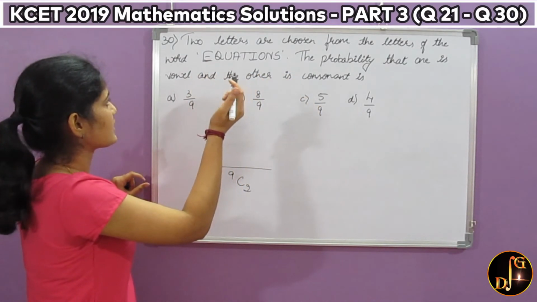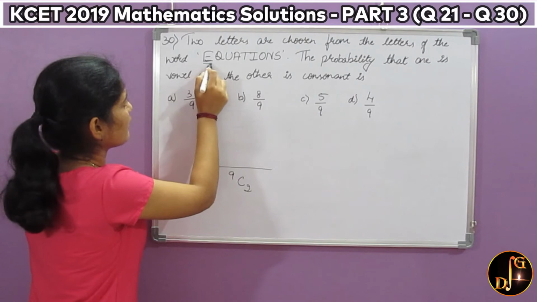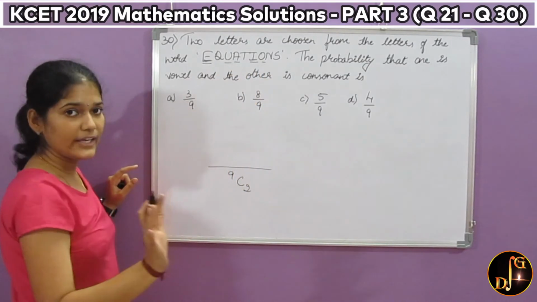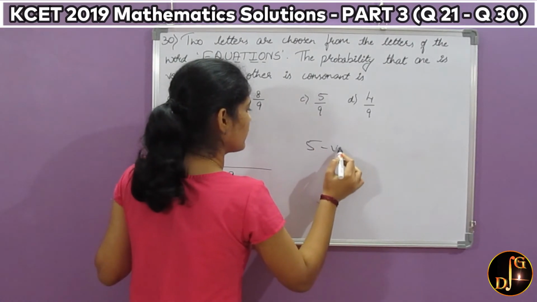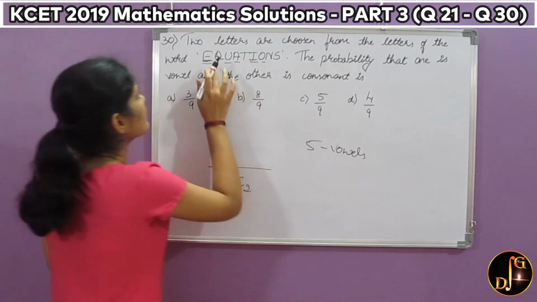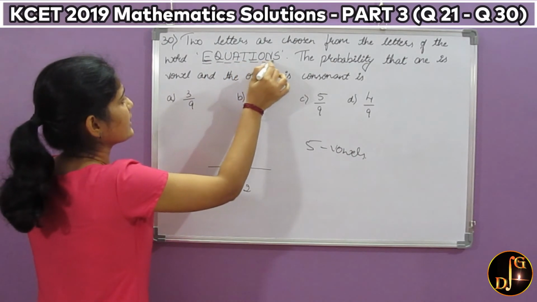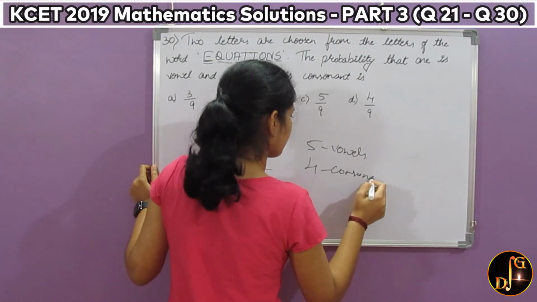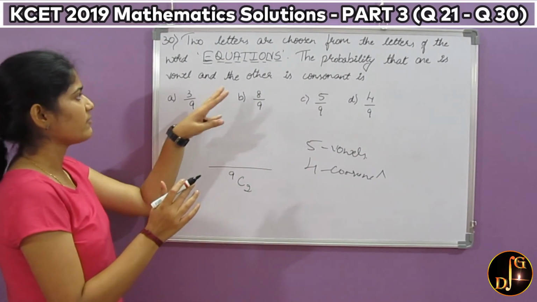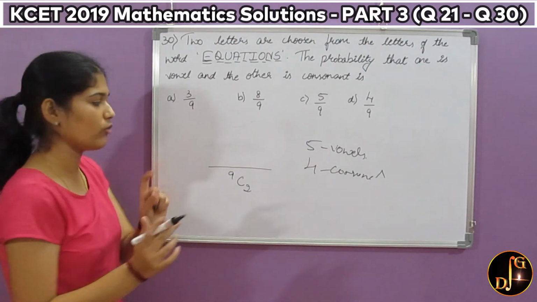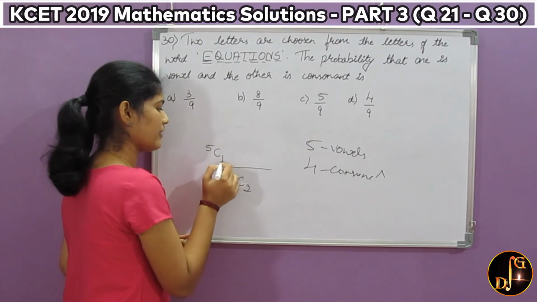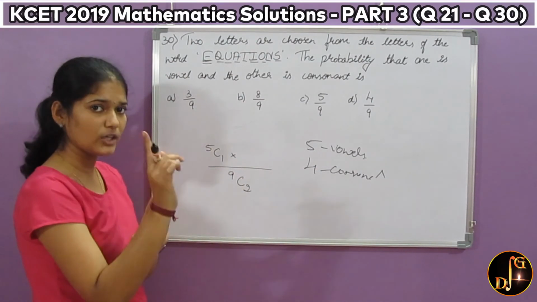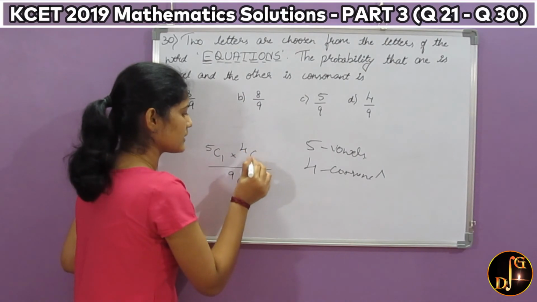Let's see how many vowels are there. Here there are E, U, A, I, O. There are 5 vowels. And Q, T, N, S are 4 consonants. Right? So the number of ways in which we can choose one vowel is 5C1, into the number of ways in which we can choose one consonant, 4C1.